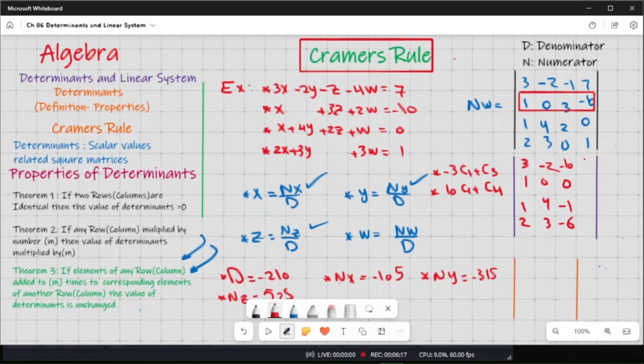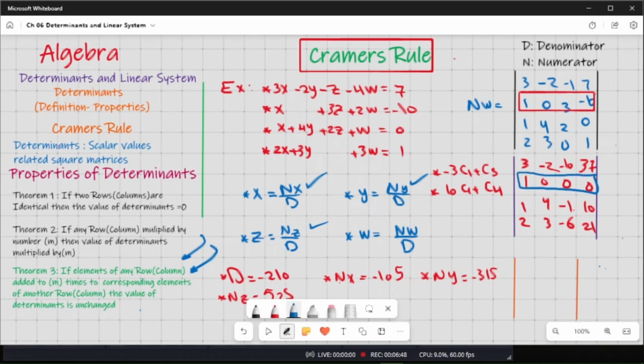Okay, and here we have to multiply by 10 into first column, then add to fourth column. We have here 3 into 10 plus 7, 37. Here we have 0, here 10, and here we have 21.